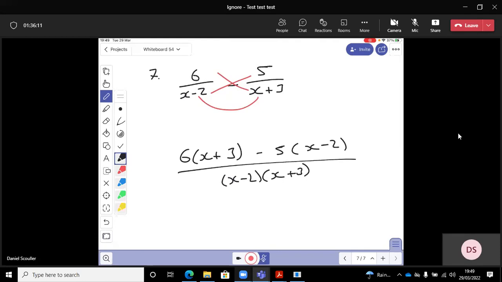Okay, now we've got that. There's a case of breaking those brackets and then tidying it up. But getting to this stage caused some problems as well.